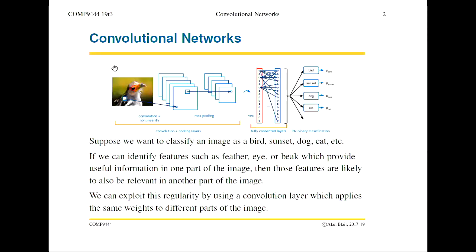If you have a mechanism for detecting a feather in one part of the image, you can probably use the same mechanism to detect it in another part, because you don't know where in the image the feather is going to be. So the idea is we have a little window that goes around the image, looking for feathers. It's like a little mini neural network that uses the same weights in different parts of the image.